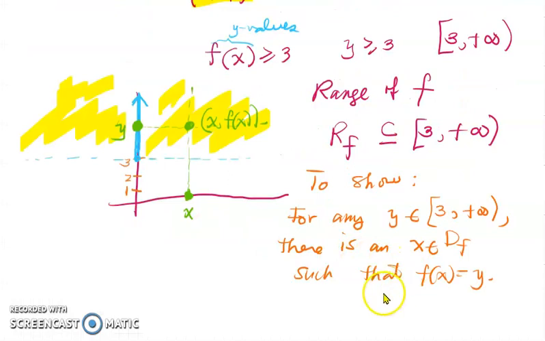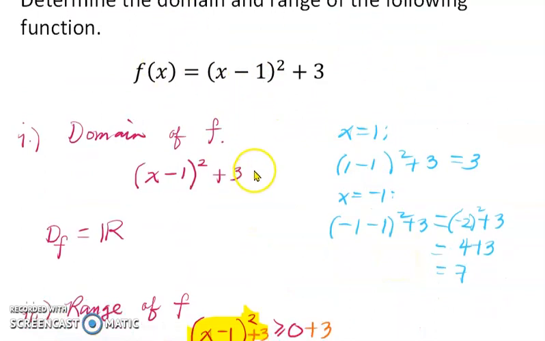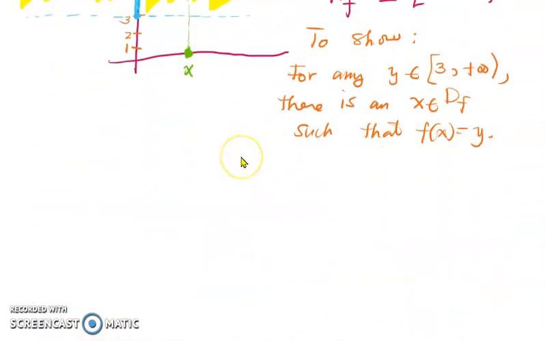All right, going back here, we have to look for an x such that f of x is equal to y. Our f of x is equal to x minus 1 squared plus 3, and we equate that to y.